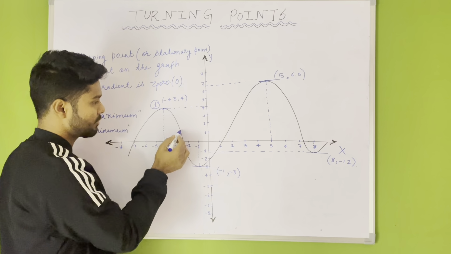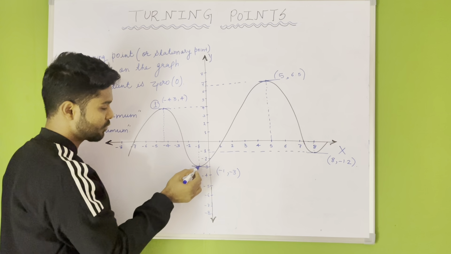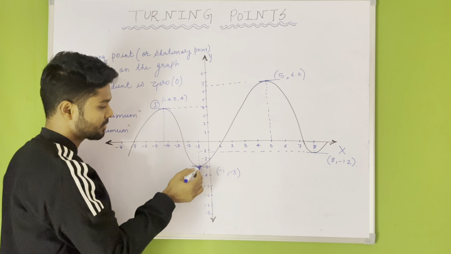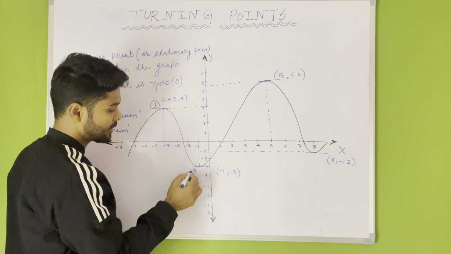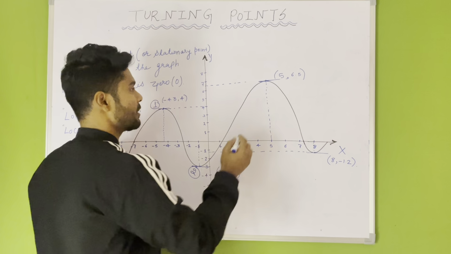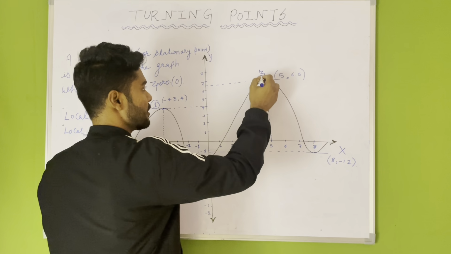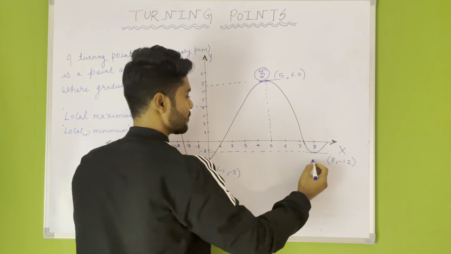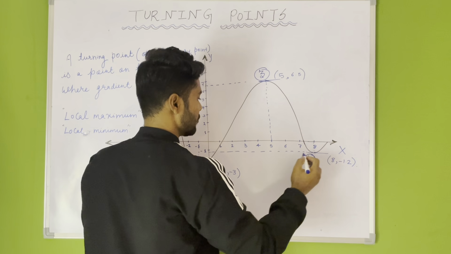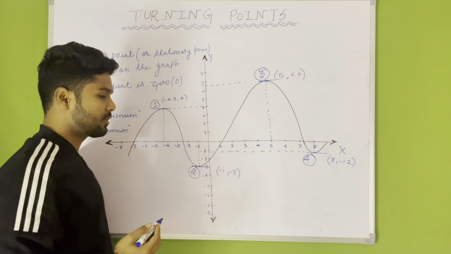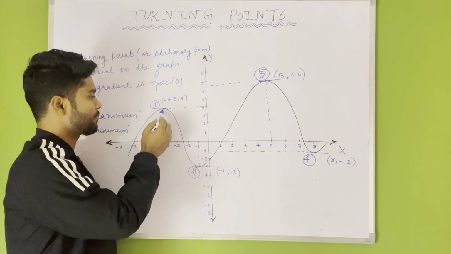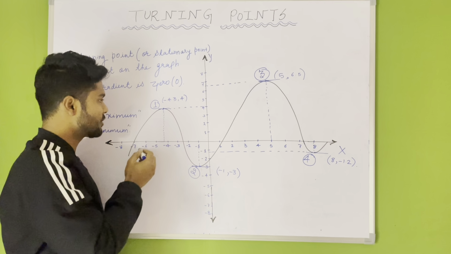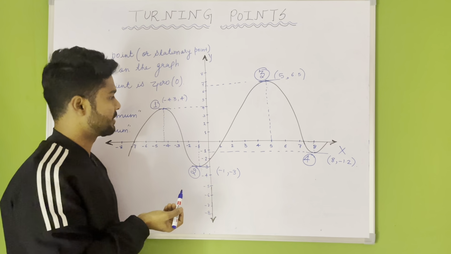Similarly, now this graph is going downward, downward, and then from here the graph has started to go upward. So this is the second turning point. Similarly, we have the third turning point, and this is the fourth turning point. Turning point basically means a point from where the curve changes its direction.